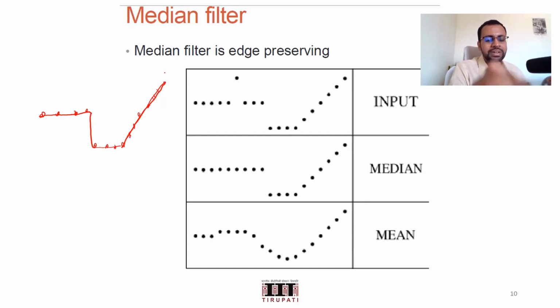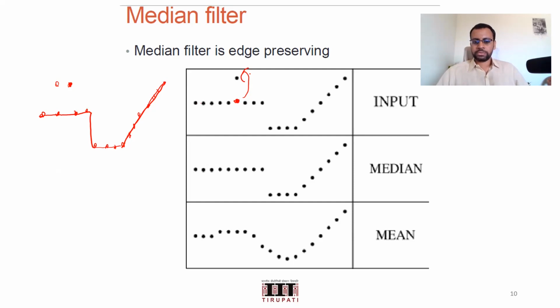Now pepper got added, so you got something like this. Let me consider this one here. Ideally it would have been here, but because of salt it moved there.